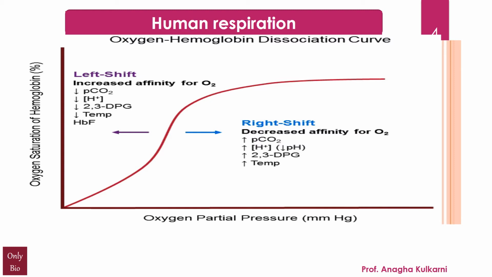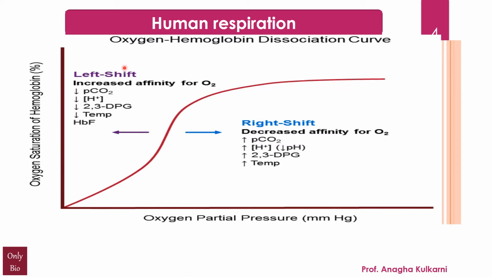You can look on the screen wherein you can easily understand what exactly Bohr's effect is all about. Here you can see, I'll take up the pointer. This is a graphical representation, and this line represents the oxygen hemoglobin dissociation curve. This deflection here is towards the right side.